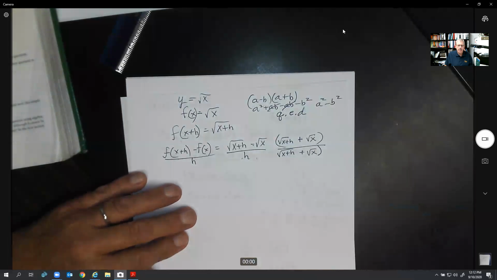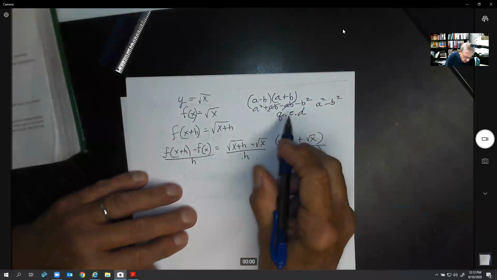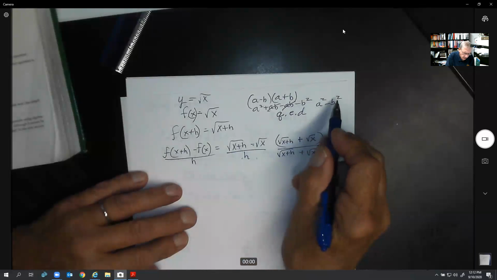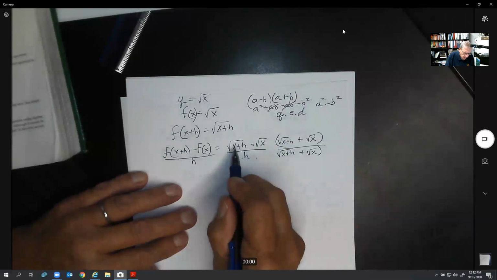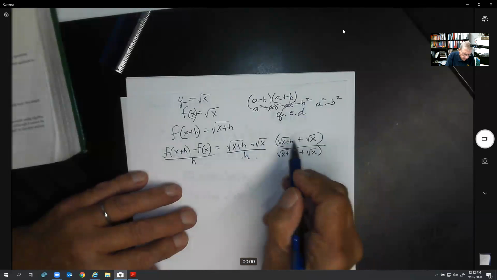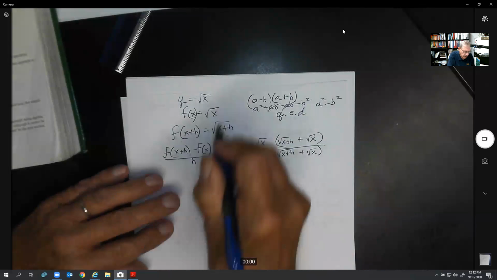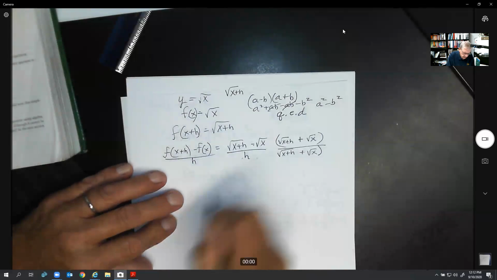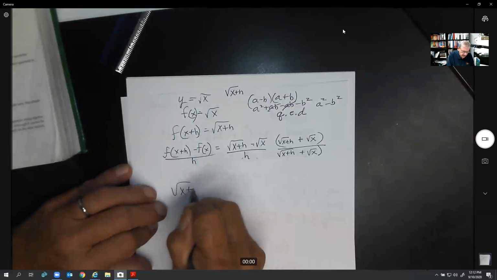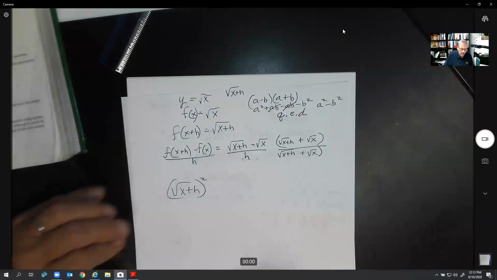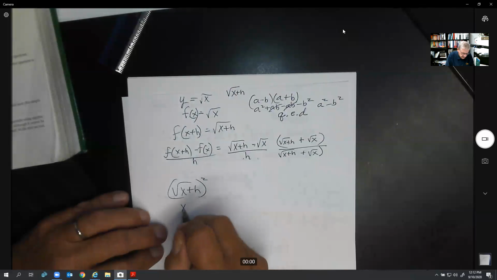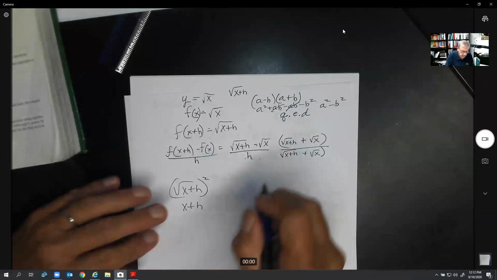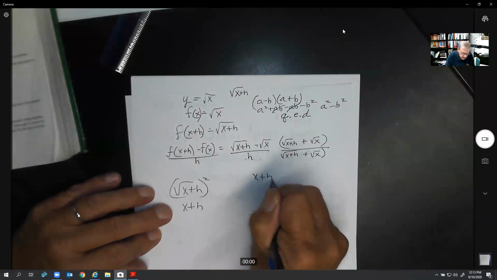Okay, we're going to do the same thing here. So radical x plus h times radical x plus h gives me radical x plus h squared. What is that? Well, that's just x plus h.